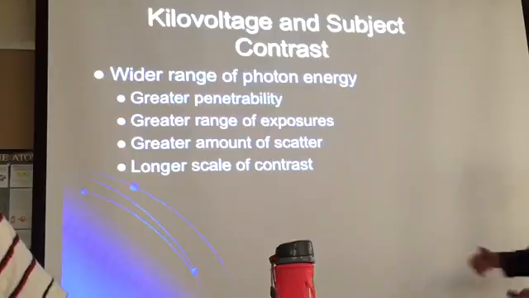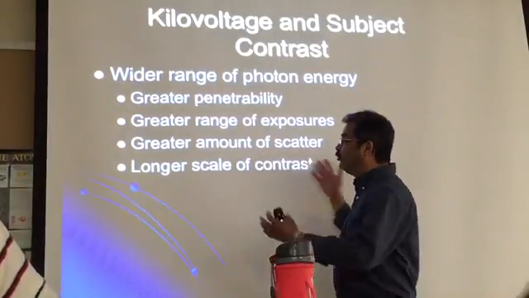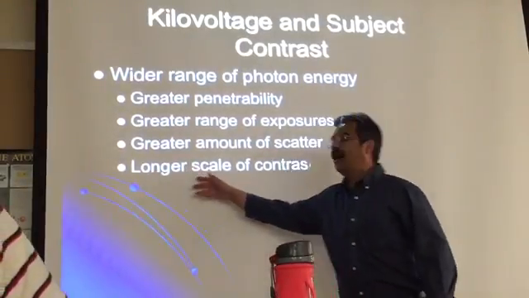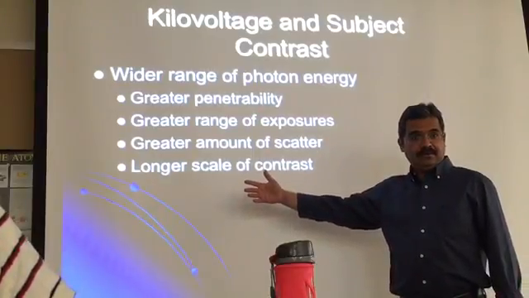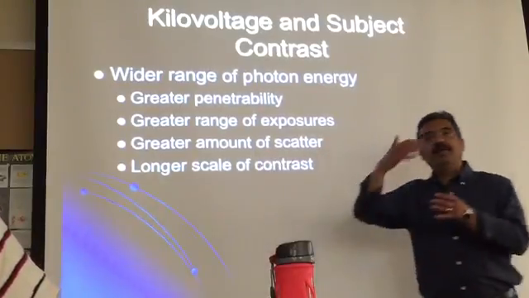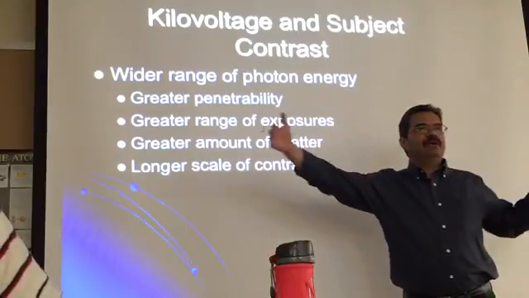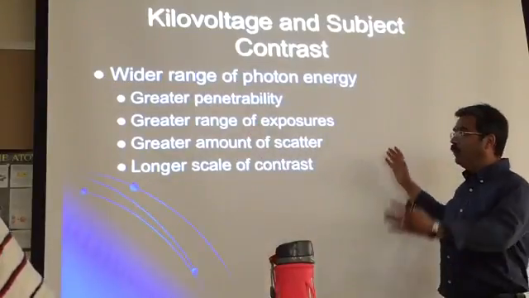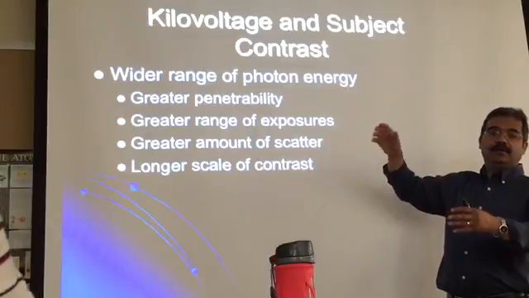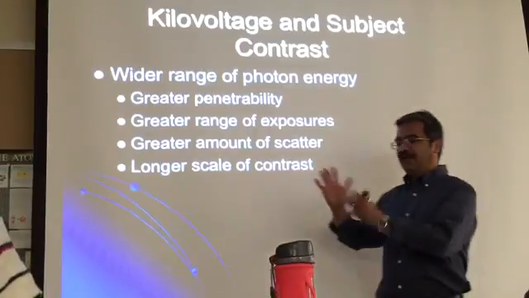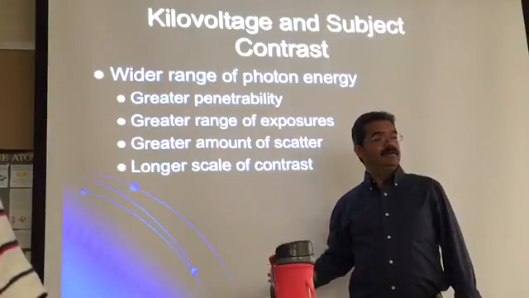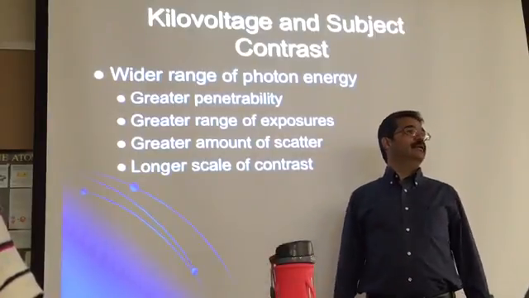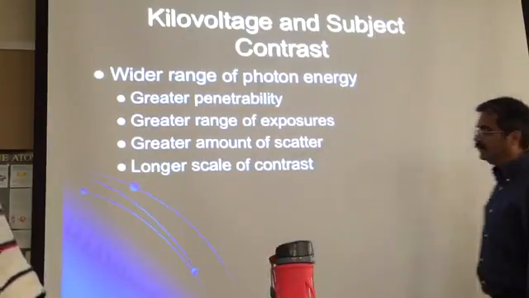And when you do that, what happens is you have a longer scale of contrast. This is saying that you have many shades of gray. If you do the opposite, if you begin to decrease the kVp, you have a short scale of contrast. Right? Monique? Good? Ethel? Okay, good.